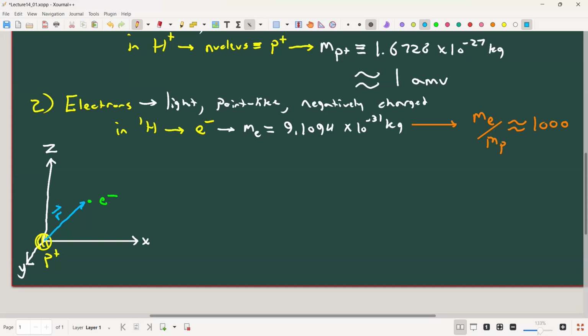Of course, that's not what positive and negative charges feel. They don't feel gravity, they feel the electrostatic force. So we have some force that's acting between them. And of course, if we have a force, that means we have a potential energy. So we can write the potential of this system. There are some sources of energy here, and the most important one is the electrostatic potential.